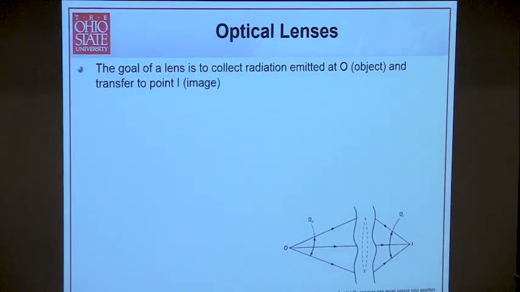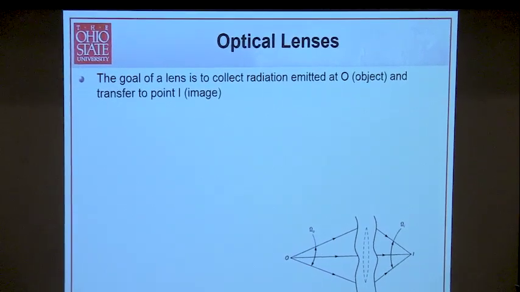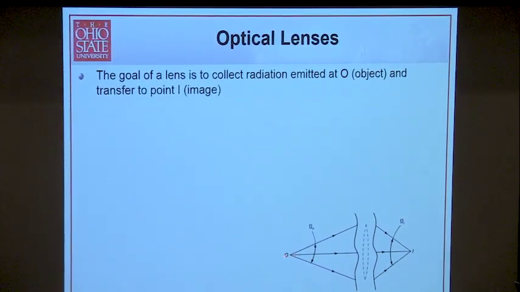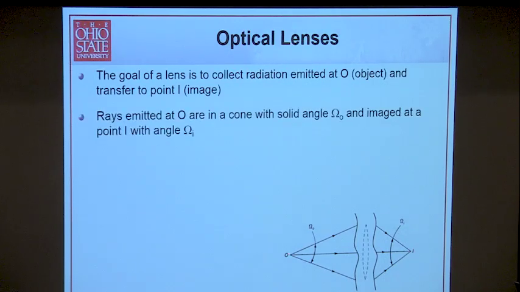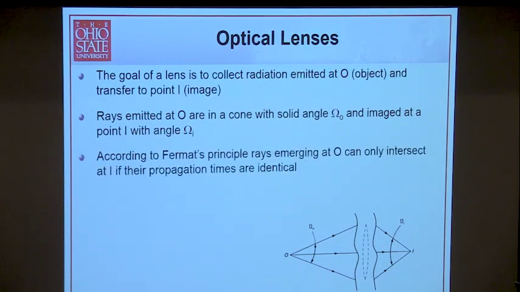Well, we know the goal of a lens is to collect radiation. So we have light at O, and we want to image it on I, or transfer it to point I. We know that the rays emitted at O are in a cone with solid angle omega naught, and they're imaged at point I with omega I. Okay?